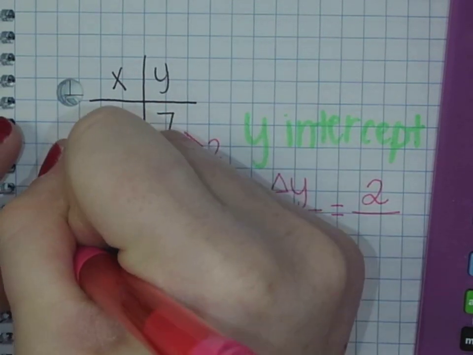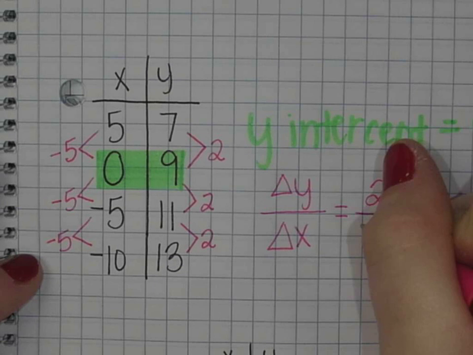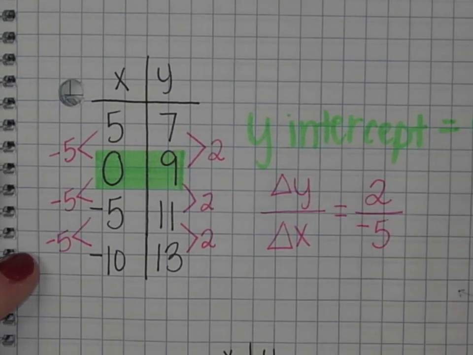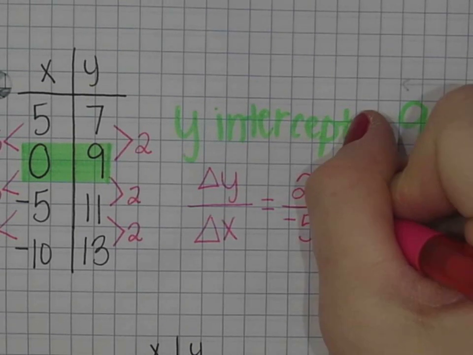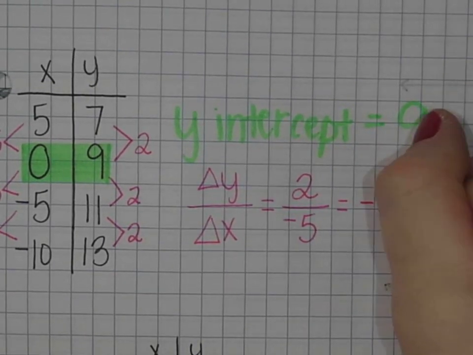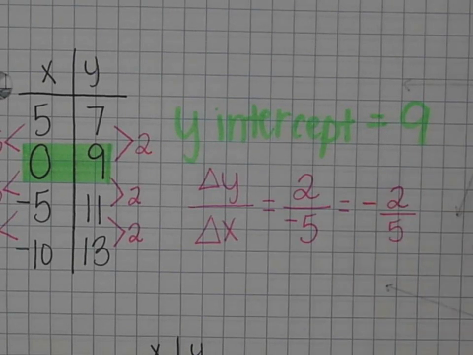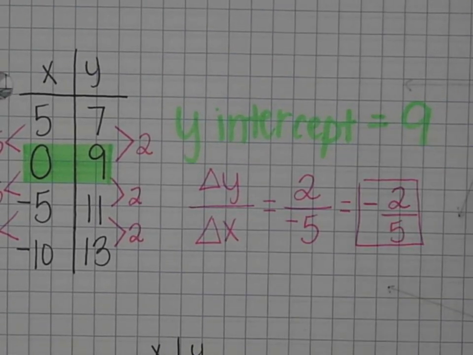Negative 5 minus 5 would give you negative 10. So it'd be 2 over negative 5. Again, we don't leave the negative 5 on the bottom. We would just say that the whole slope is negative. So negative 2 over 5.